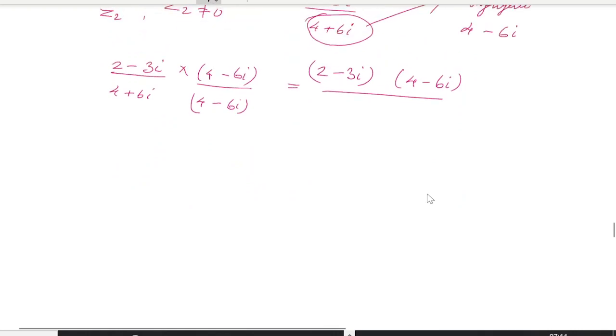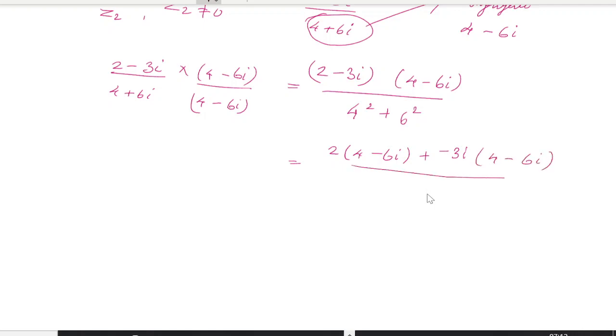So this quantity will reduce as 4 square plus 6 square. Now multiplication you know how to perform, that is 2 into 4 minus 6i plus minus 3i into 4 minus 6i, by how much will come? 4 square 16 plus 6 square 36, right?